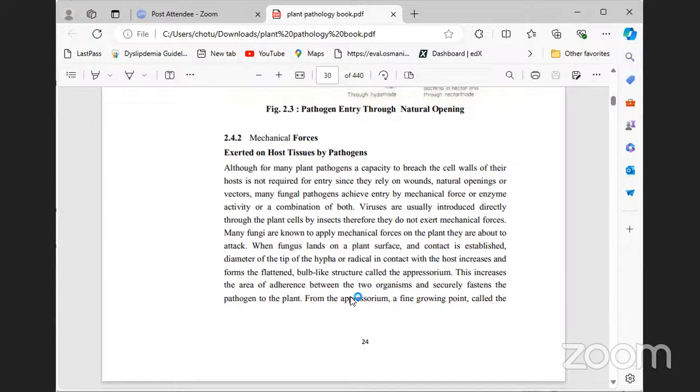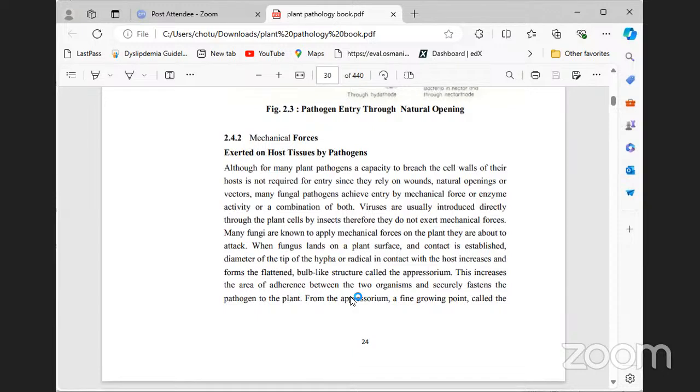Viruses are usually introduced directly through the plant cell by insects, therefore they do not exert mechanical force.